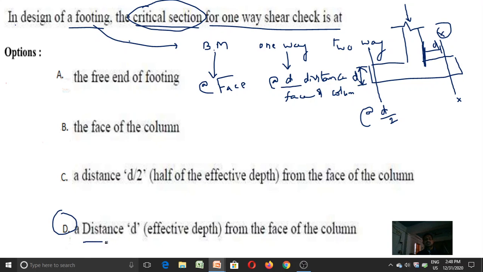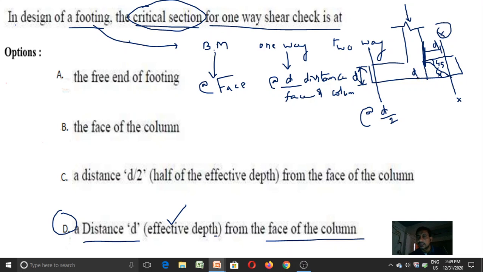That is a distance of small d from the face of the column. Here d is the effective depth. So why are we taking d for this? I will explain here. When you apply a load over the footing, the load will disperse at an angle of 45 degrees. With the horizontal it is 45 degrees, so here also we have the same angle, and this will be the d.